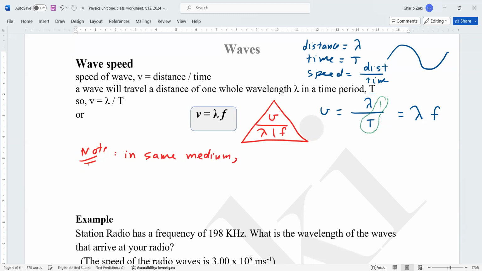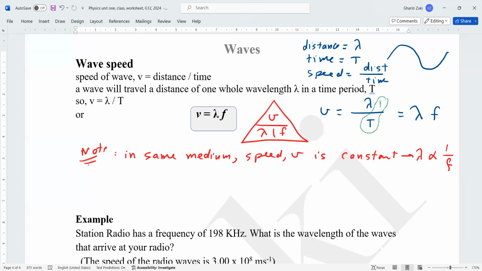In the same medium, the speed v of wave is constant. So what is the relation between lambda and the frequency? It is an inverse relation. So when the frequency increases, lambda decreases and vice versa. This is in the same medium.